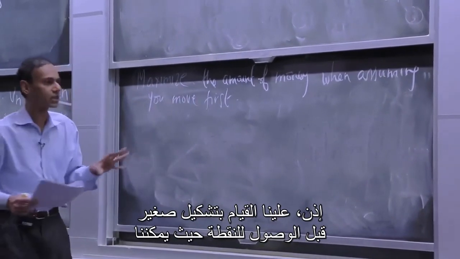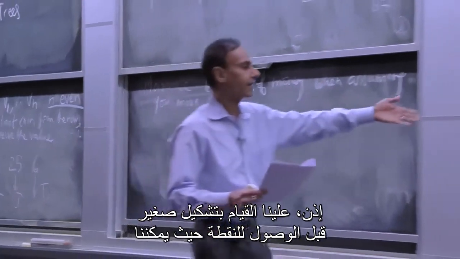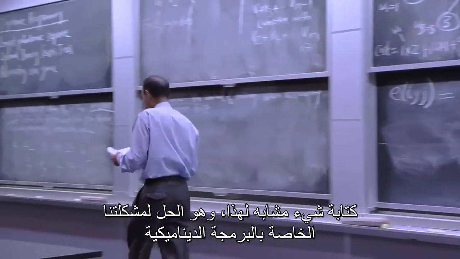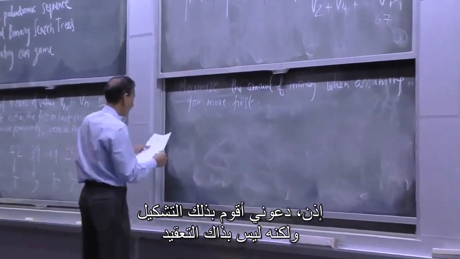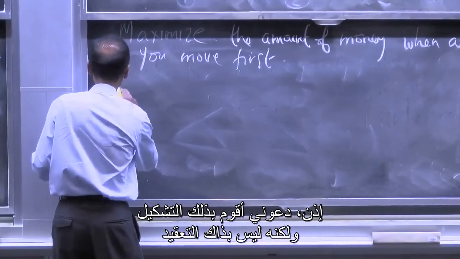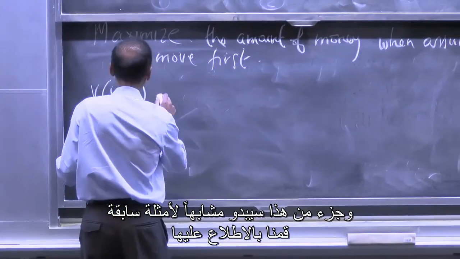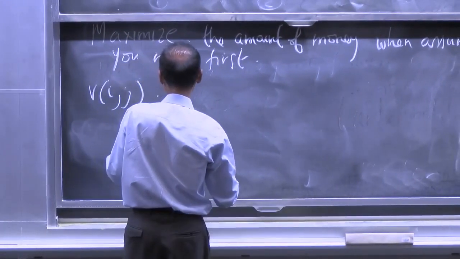So we're going to have to do a little bit of setup before we get to the point where we can write something like this, which is the solution to our DP. And so let me do that setup. But it's not super complicated. And part of this is going to look kind of the same as previous problems we've looked at.